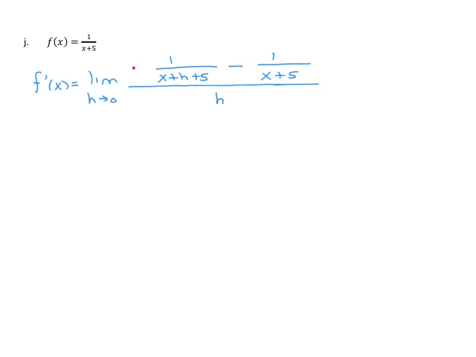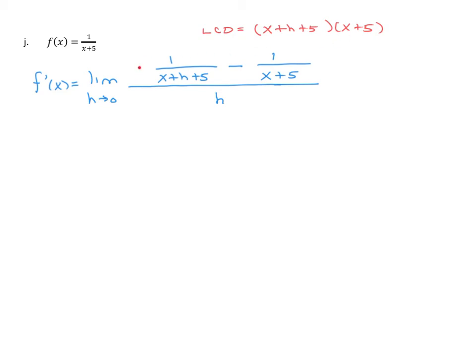My first step is going to be to write this as a single fraction by subtracting these two things. But we need a common denominator to do that. So I'm just going to write down that the least common denominator for this problem is the product of the two denominators. That's x plus h plus 5 multiplied to x plus 5. So in terms of what's missing over here, that's x plus 5.